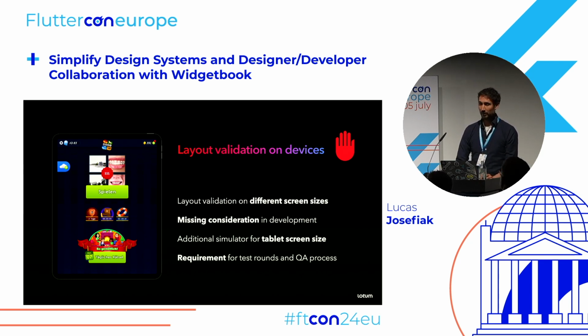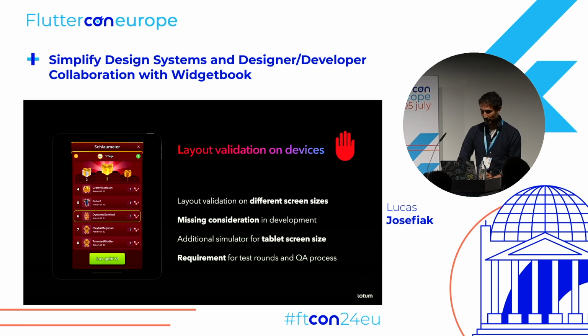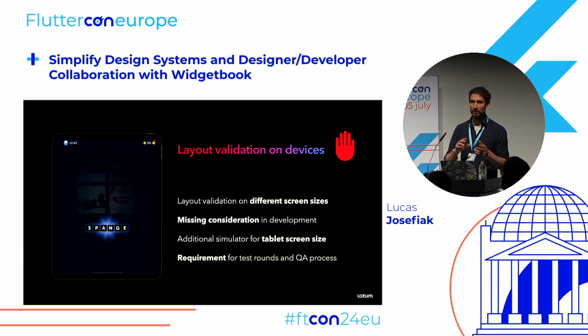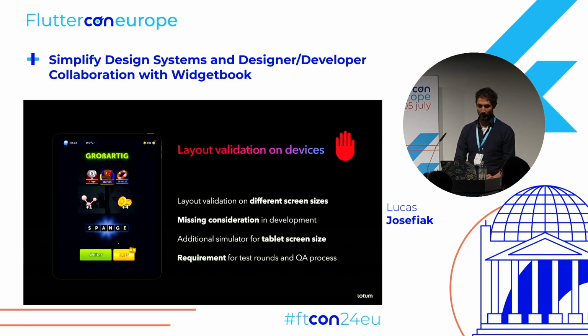So the developers helped themselves by starting an additional simulator on a tablet device, and they were developing the widget with both simulators running. This happened so often, and we forgot so often to take the tablet size into consideration, that we had to make that validation a fixed requirement in test rounds in our QA process.